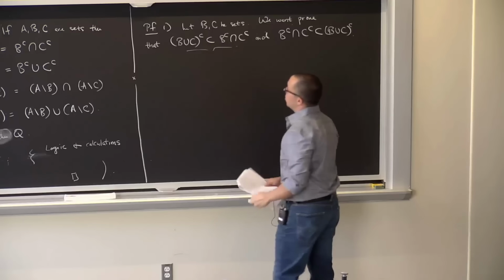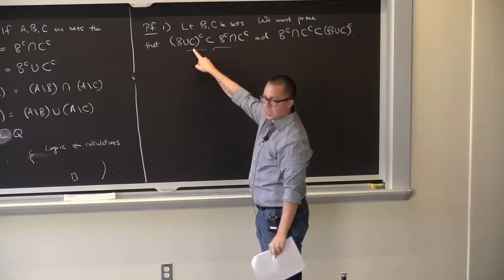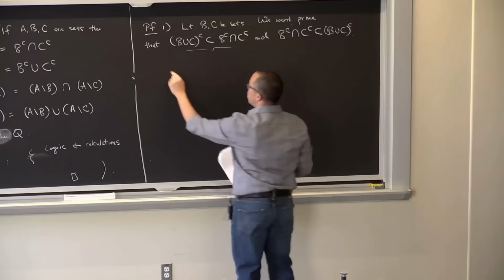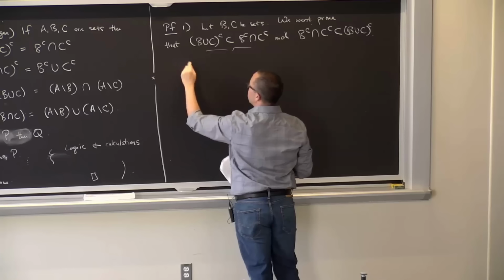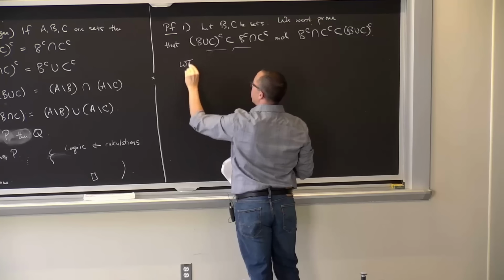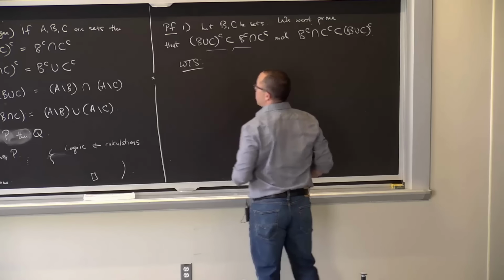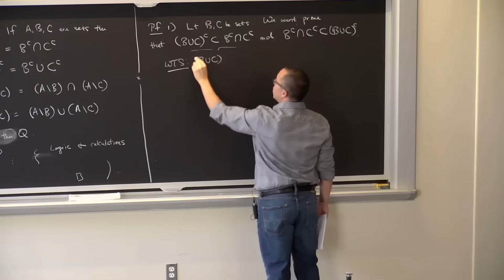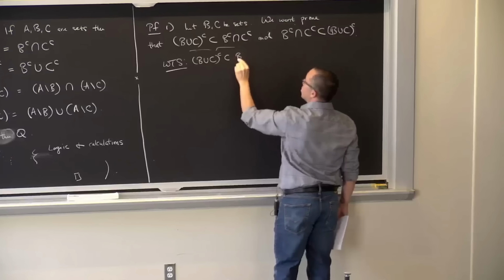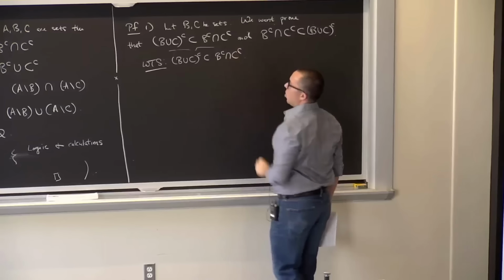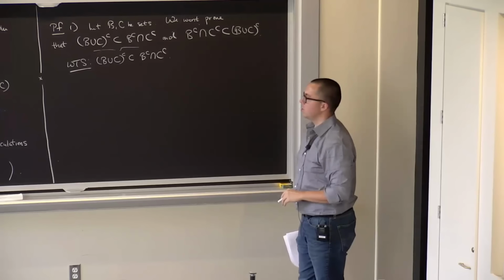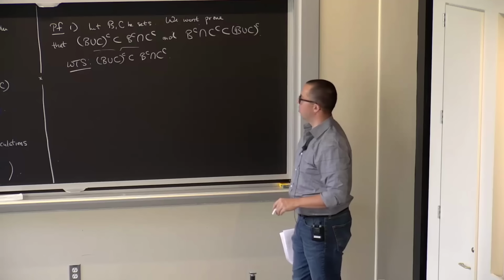So I have to show that every element in this set is an element of this set. So I'll even write this down as WTS. That means want to show. This is the first thing we'll show. As we go on, I'm not going to write as much as I'm doing right now, but this is the first theorem and proof you're seeing, so I should write down quite a bit.